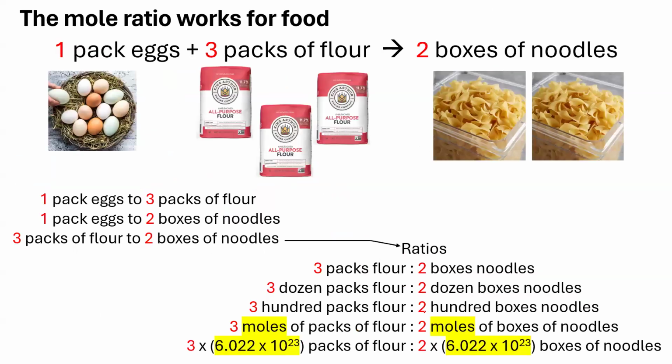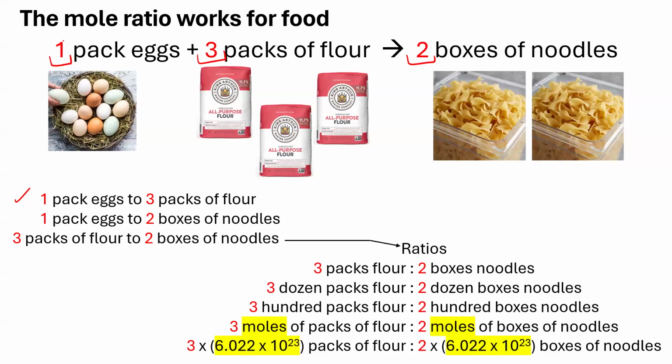All right, let's do this again. The mole ratio works for food. Let's check this out. Here we're making egg noodles. So we have a pack of eggs, 3 packs of flour, and that'll give us 2 boxes of noodles. It's a 1 to 3 ratio between pack of eggs to 3 packs of flour.